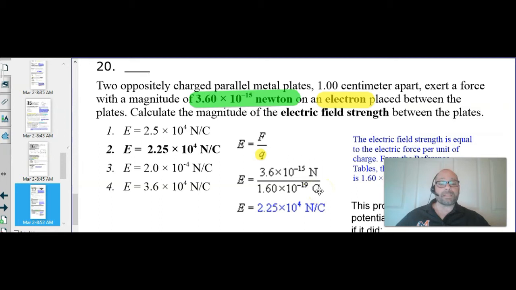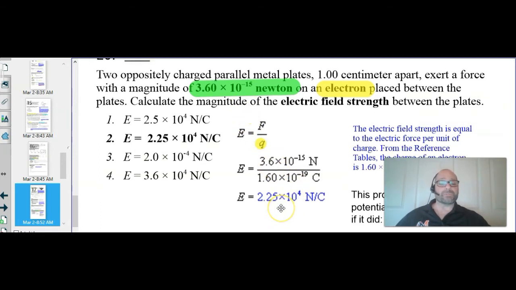Interesting that they're not using a negative here, but they're just talking about the magnitude. The magnitude means the amount, irregardless of the direction that it's being pulled. So they're giving you just a positive value, and you get newtons per coulomb.